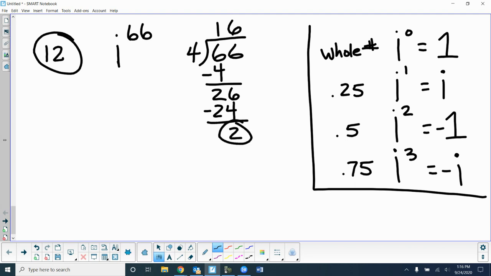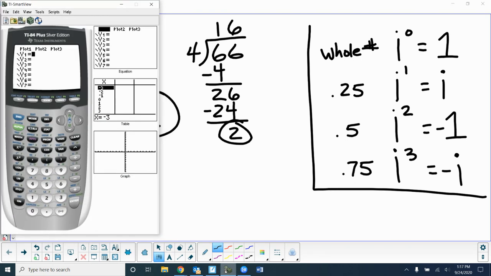So that means I could rewrite this i to the 66 as the same as i squared, which is what? -1. That's our answer. If you put that in your calculator, you're going to get 16.5. 66 divided by 4. You see the 0.5.